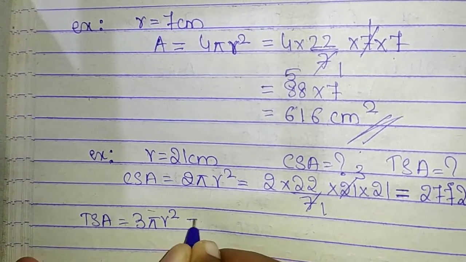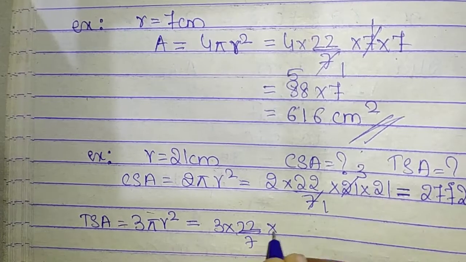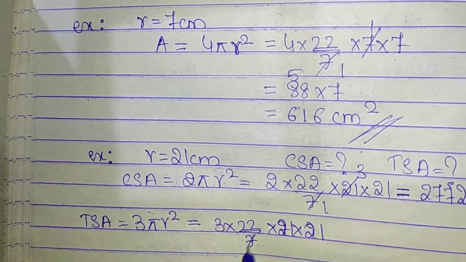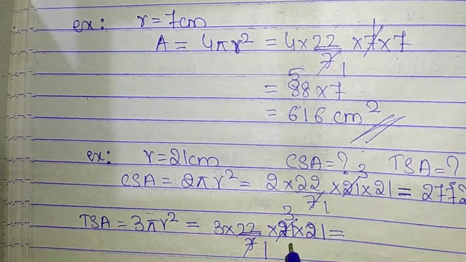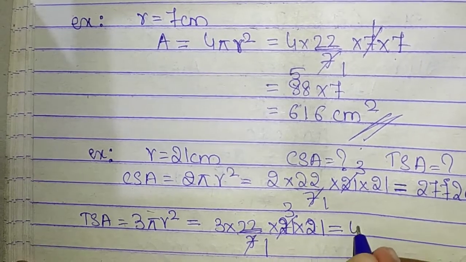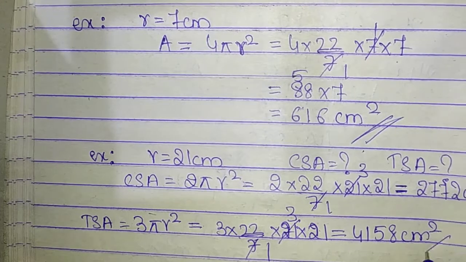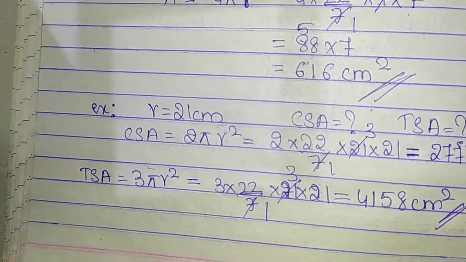So this will be equal to 3 into 22 by 7 into 21 into 21. So 7 ones are 7, 7 threes are 21. On multiplying, we get the total surface area to be equal to 4158 centimeters square. So this is the required solution for the given question.